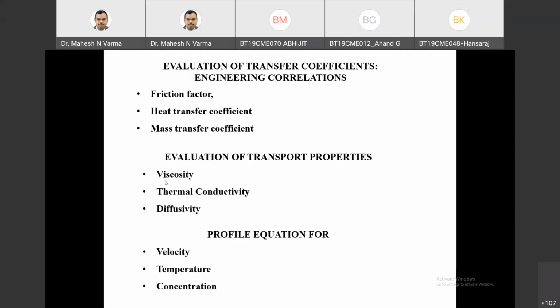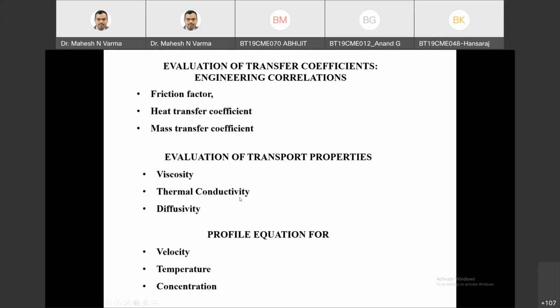So the higher the viscosity, the lower the fluidity of a fluid. That is the definition. Thermal conductivity: the higher the thermal conductivity, the faster it conducts heat. Similarly diffusivity: the higher the diffusivity, the higher the flux, so transport will be higher.